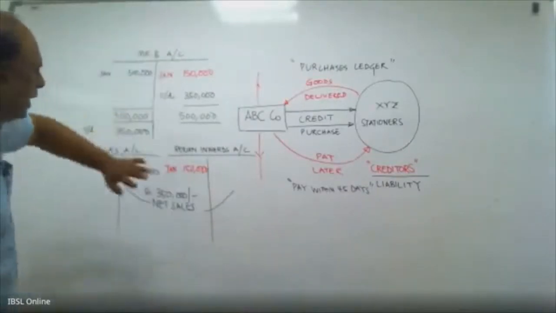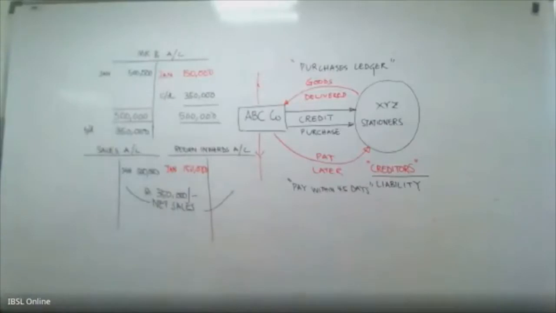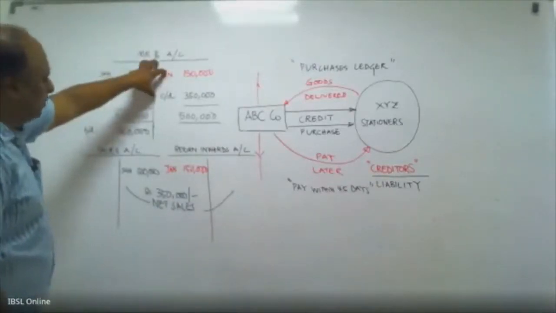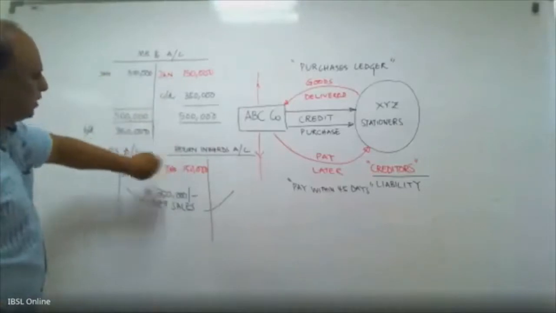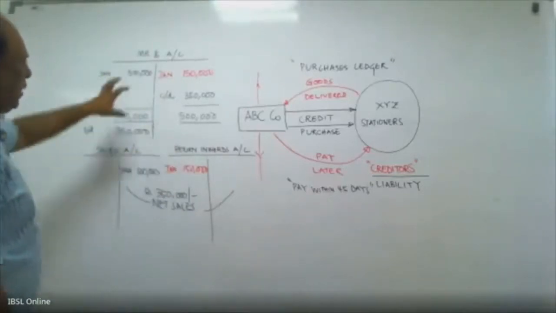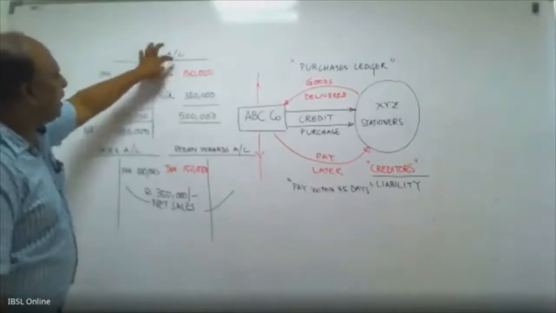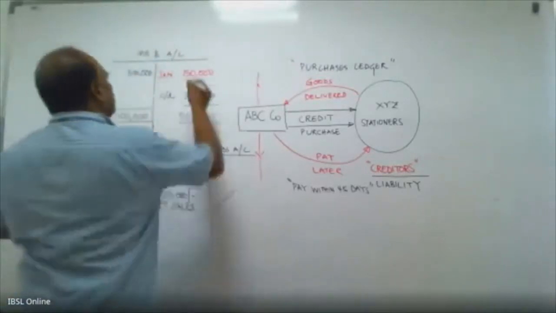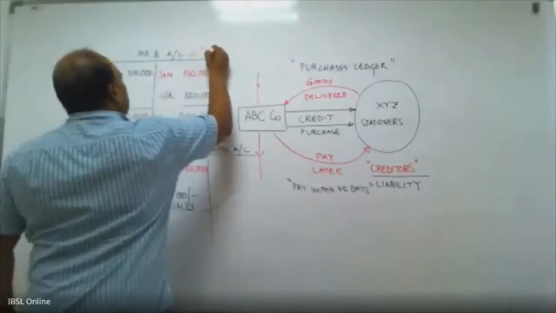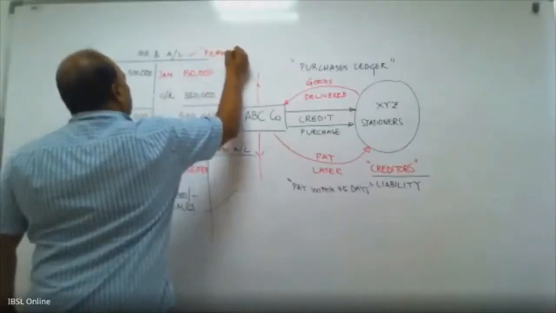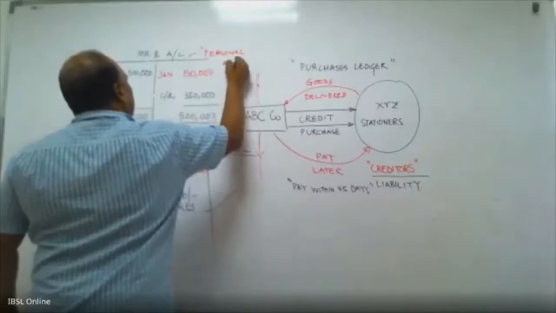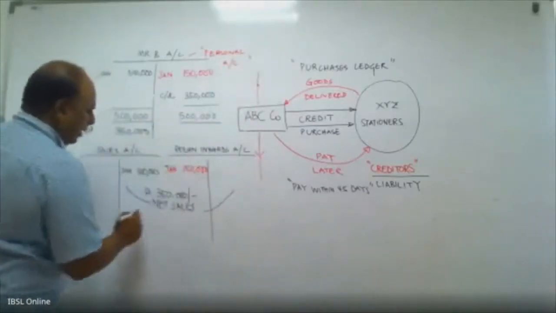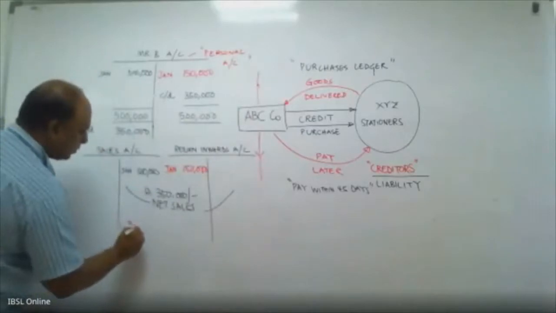Now, if you look at the whole example, this is in your sales ledger. These two are in your general ledger. In your sales ledger, it becomes a personal account. This is a personal account, but these two are impersonal accounts.